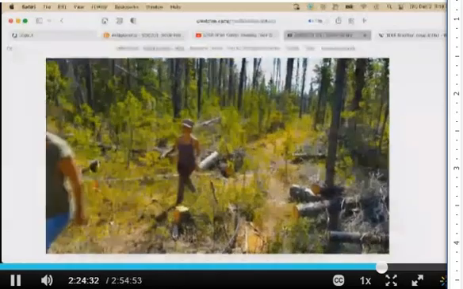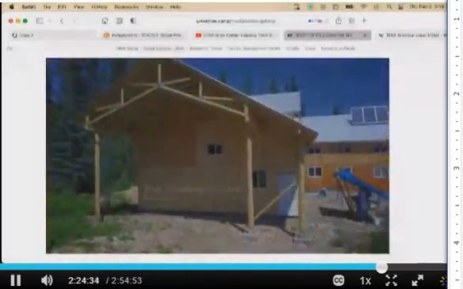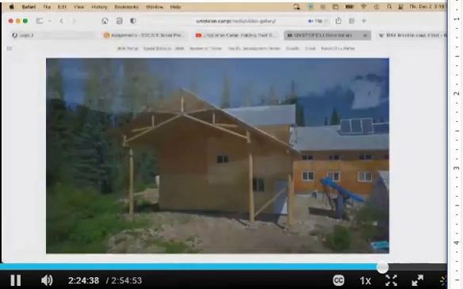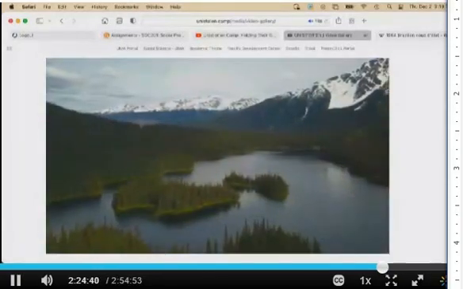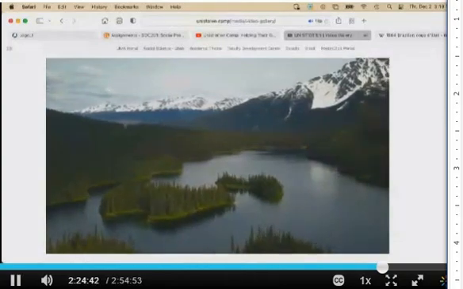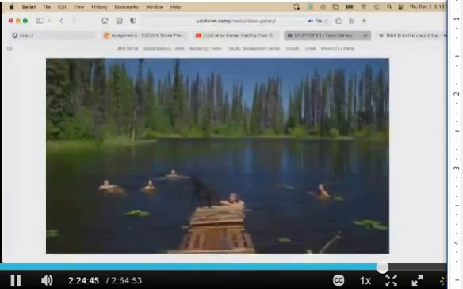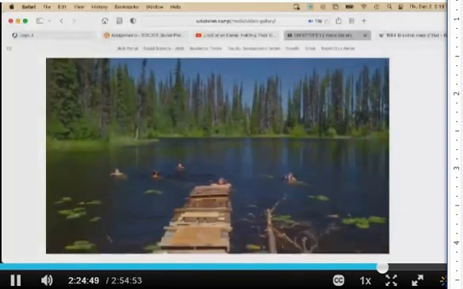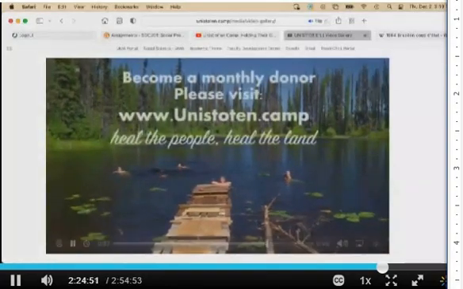So that's what our hopes are for this space. Bring healing to more of our Indigenous folks so that they can be reconnected. You reconnect to your land, you're reconnecting to your ancestors because that's where they are. So whenever you hear heal the people, heal the land, you're going to think Unistoten camp.